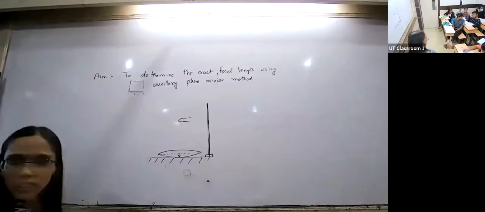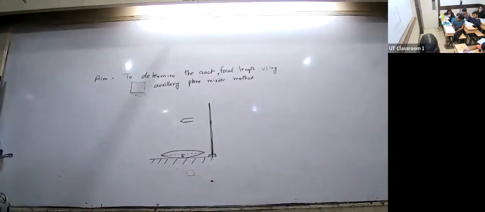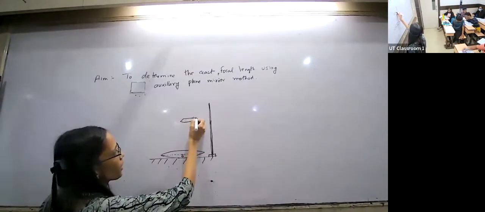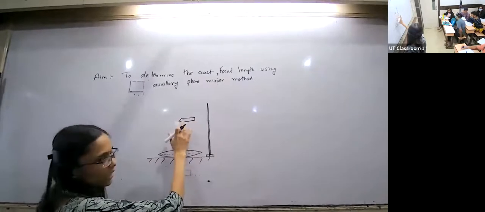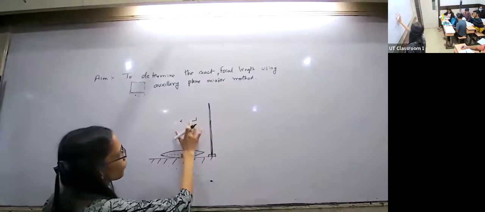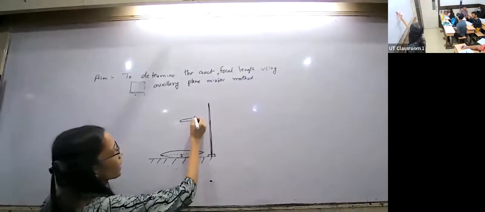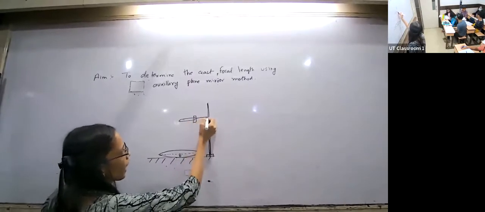What was the first thing that we saw? We have to arrange this such that this pin is okay. This is a very thin pin that we use. So if you can draw a very thin pin, that would be nice. And this is clamped to our stand.